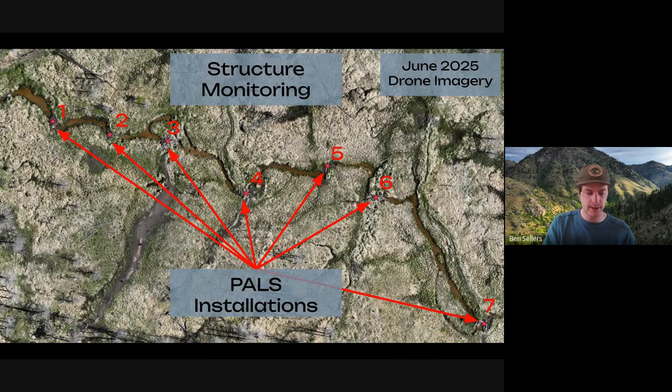Once the structures are implemented and they're out in the watershed, they're subject to the elements. High flows are coming through in the spring, there's freeze-thaw happening, and beaver activity might be changing some of these structures.